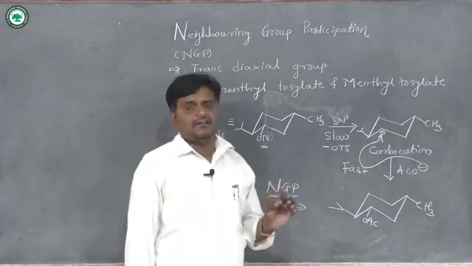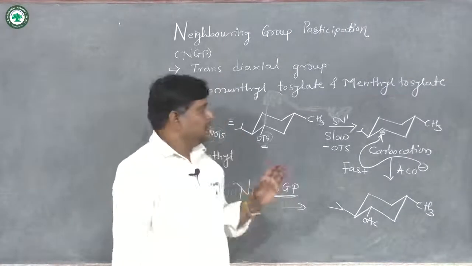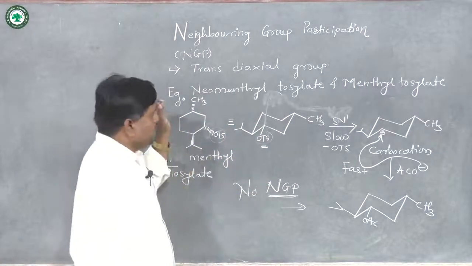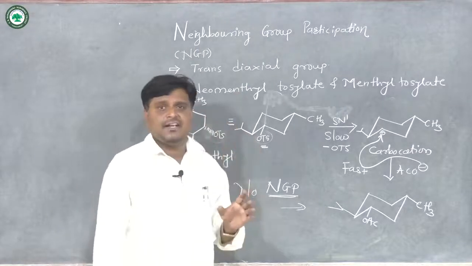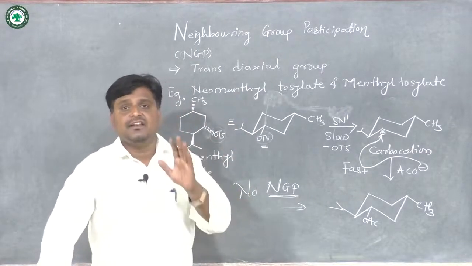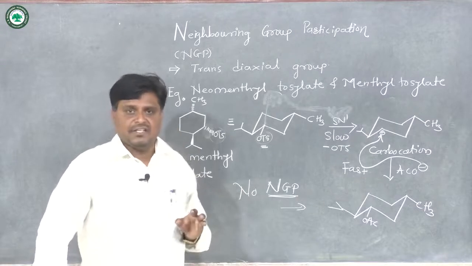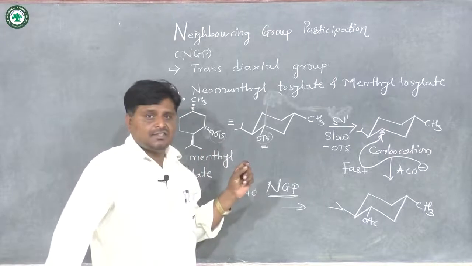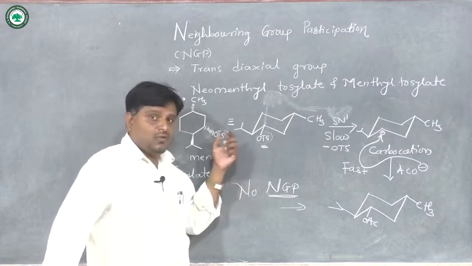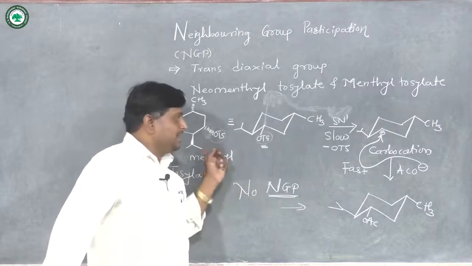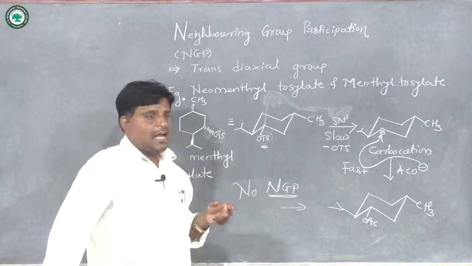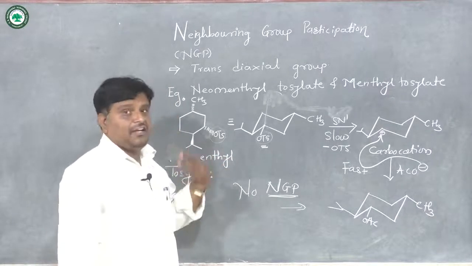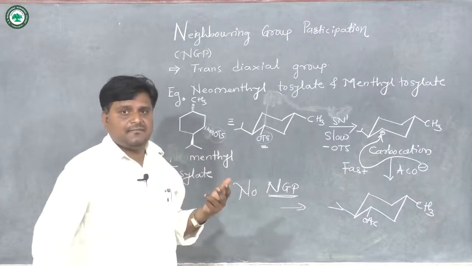According to this explanation, we can say that neomethyl tosylate has a faster rate in this reaction. Why? Because neighboring group participation is possible, but the methyl chloride doesn't have such a case, there is no NGP possible. That's why its rate is much slower, and we get a product from neomethyl chloride 170 times faster.